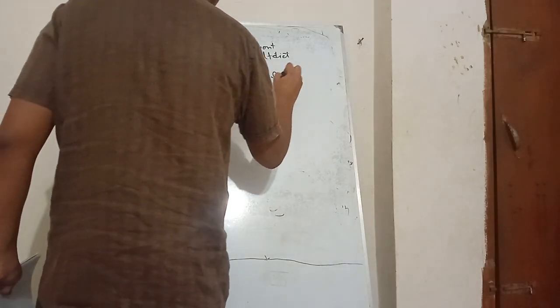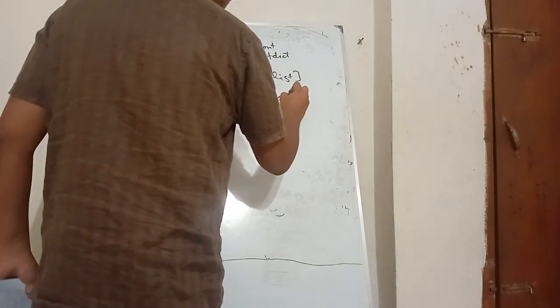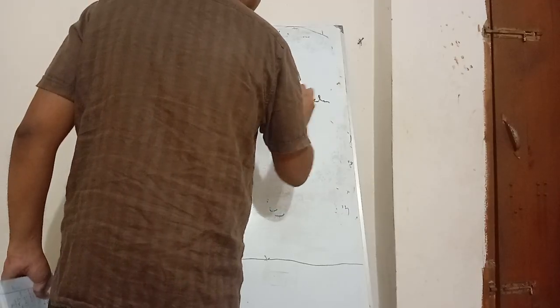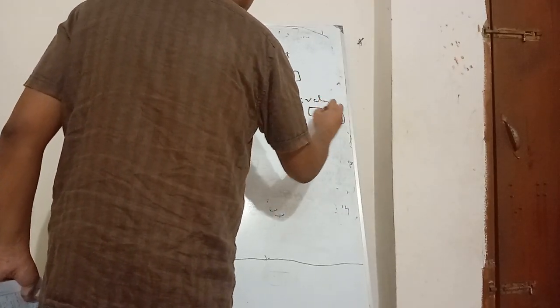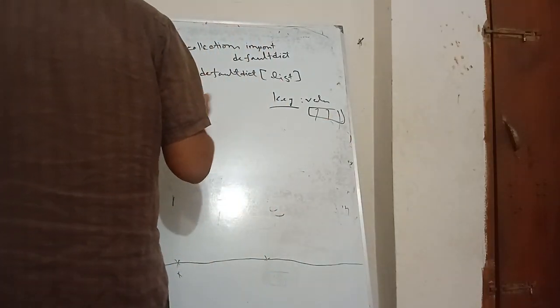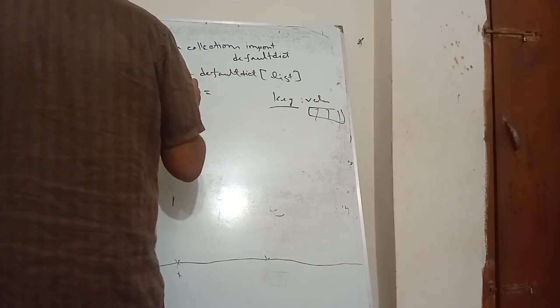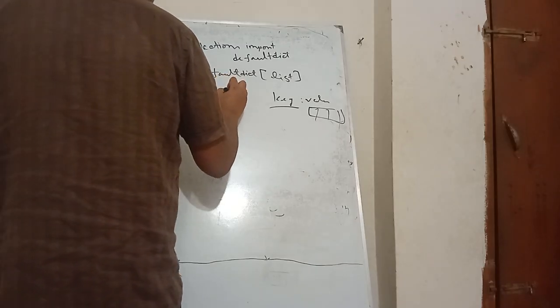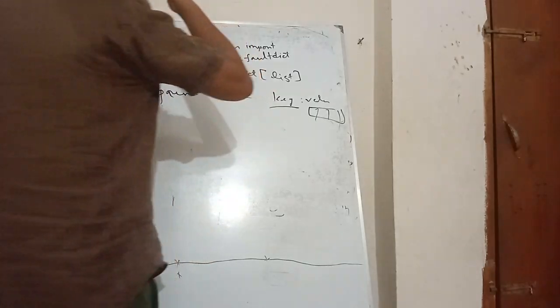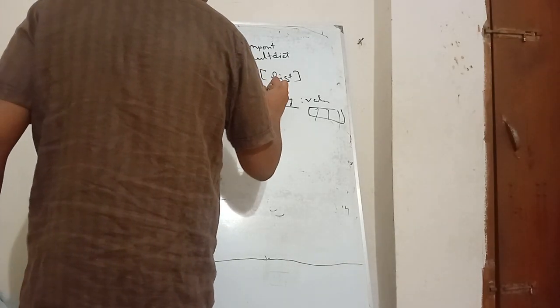What is the type of values in the key value pair? This is a key and the value will be a list of adjacent vertices. We also maintain a parent defaultdict. It will be of type str, string.